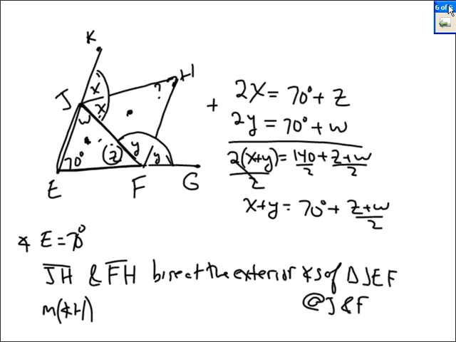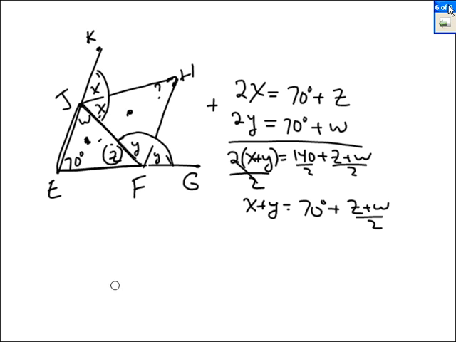But now we're done at this point, because I know what Z plus W is. Look at this triangle here. One angle is 70 degrees in that triangle. In triangle EFJ, I know that 70 plus W plus Z is 180.